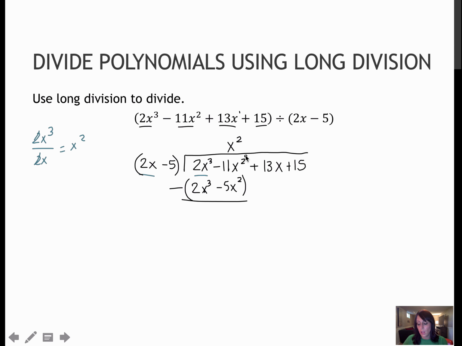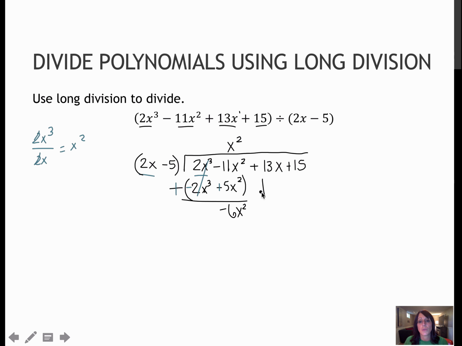I'm subtracting everything, which means I'm going to keep, flip, change, change. Because now I have 2x cubed plus negative 2x cubed, and those cancel. And that's what I want to have happen every single time on the first terms. The second terms is just whatever I have left. So negative 11x squared plus 5x squared gives me negative 6x squared.